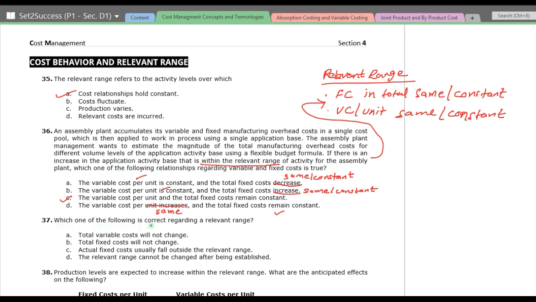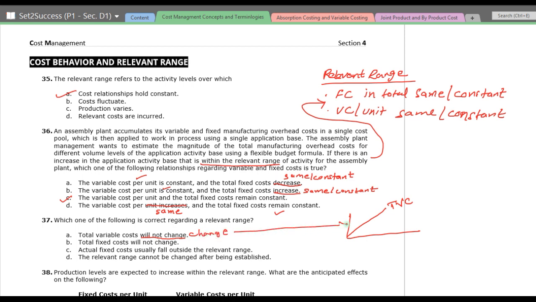Next, which one of the following is correct regarding a relevant range? Total variable cost will not change? No, total variable cost changes. Will not change? No. It will change.